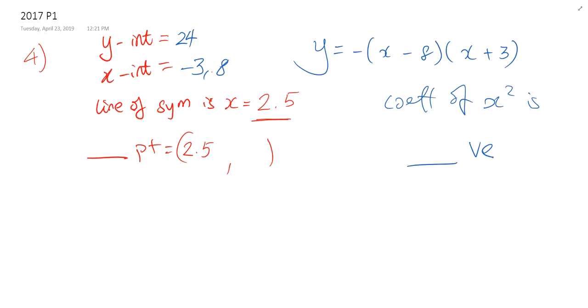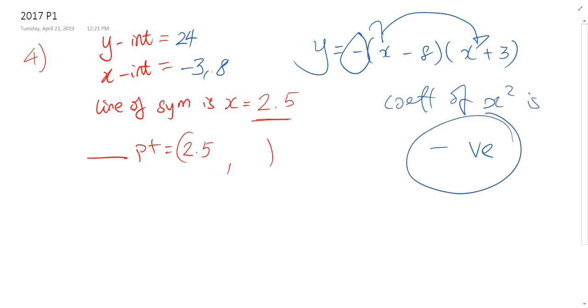Obviously negative, because there's a negative times x must be negative. Negative means a sad face, positive a smiley face. So negative means we get a sad face that is a maximum point.